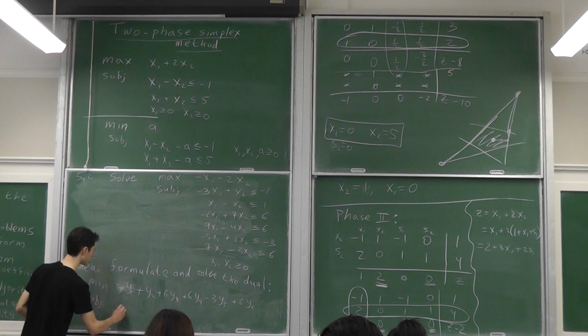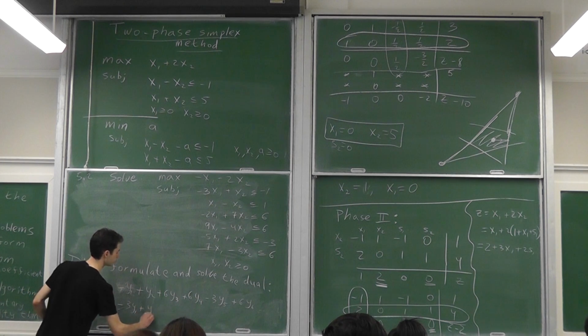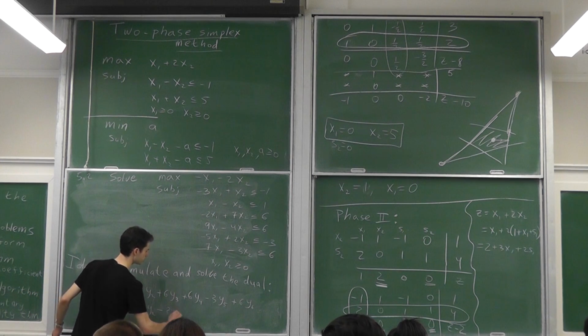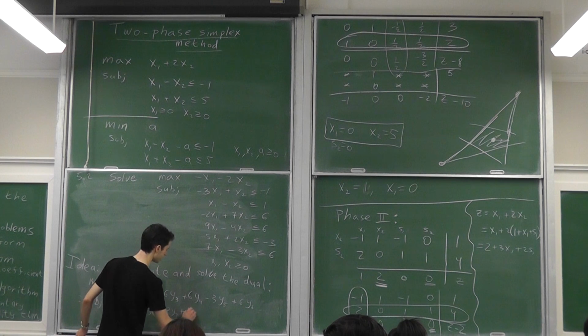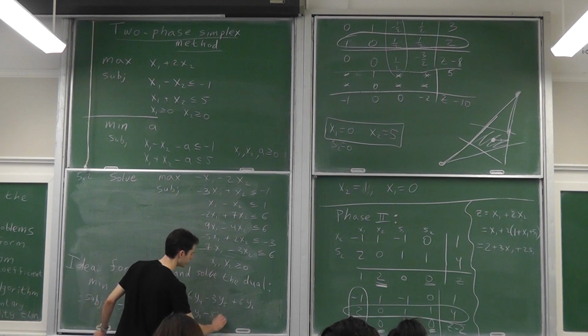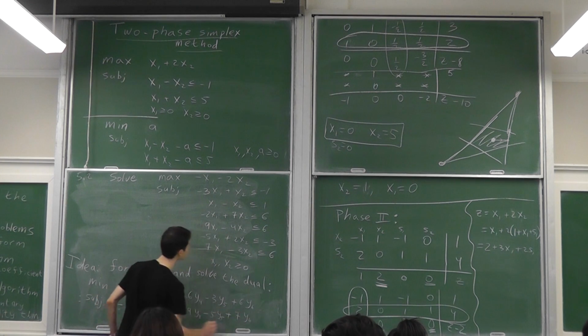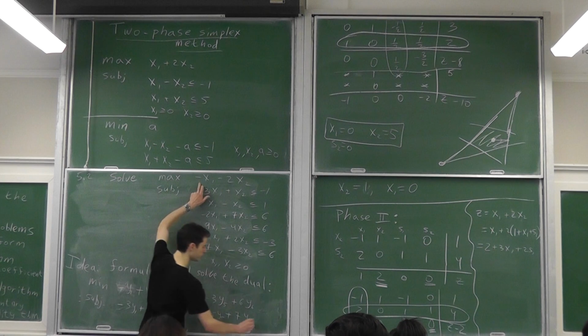So it's subject to minus 3y1 plus y2 minus 2y3 plus 9y4 minus 5y5 plus 7y6 being at least -1.